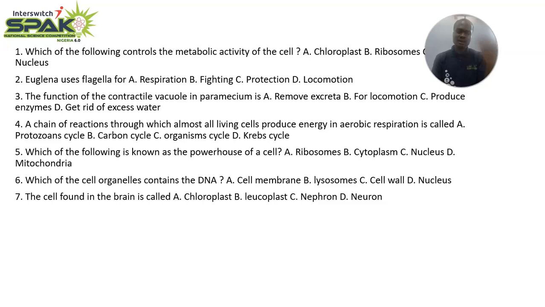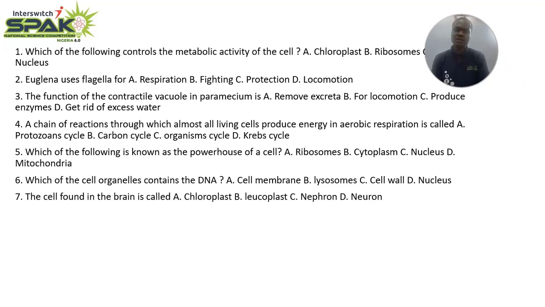The next question says, the cell found in the brain is called, we have chloroplast, leucoplast, nephron, neuron. Chloroplast is present in plant cells and contains chlorophyll that is able to trap sunlight energy and convert it to chemical energy stored in the molecules of food that are manufactured.